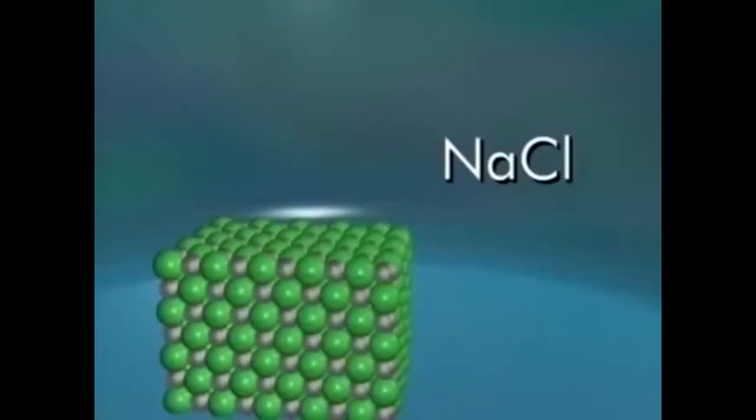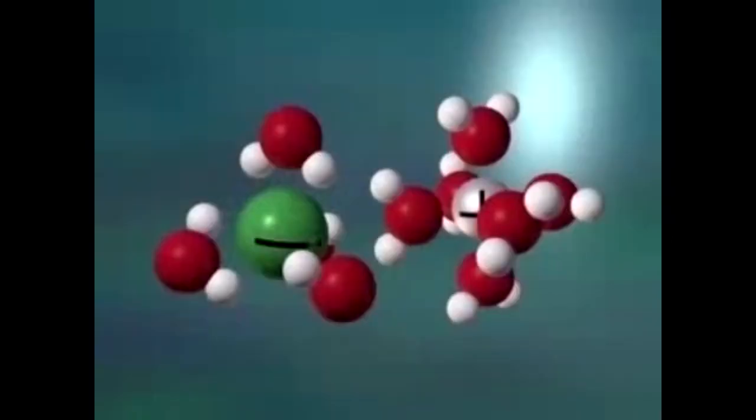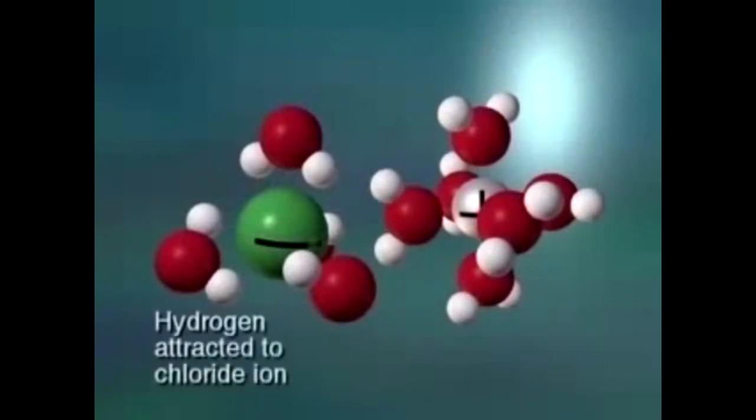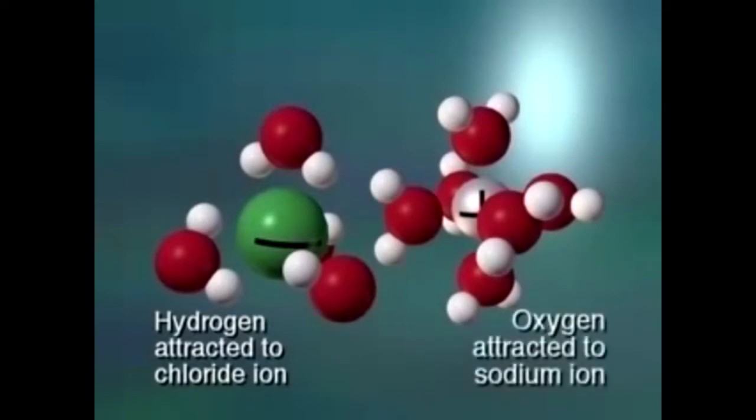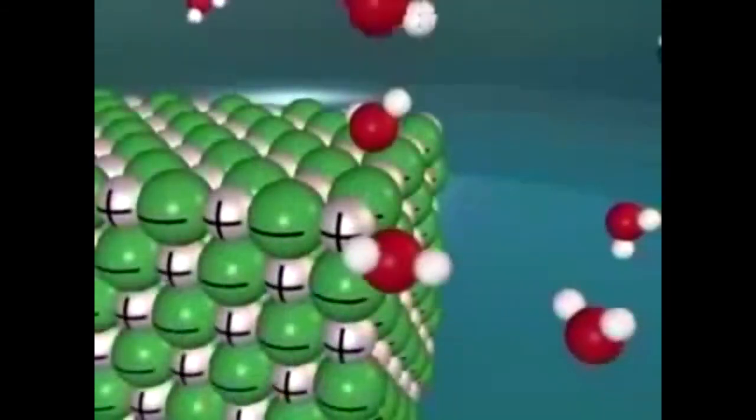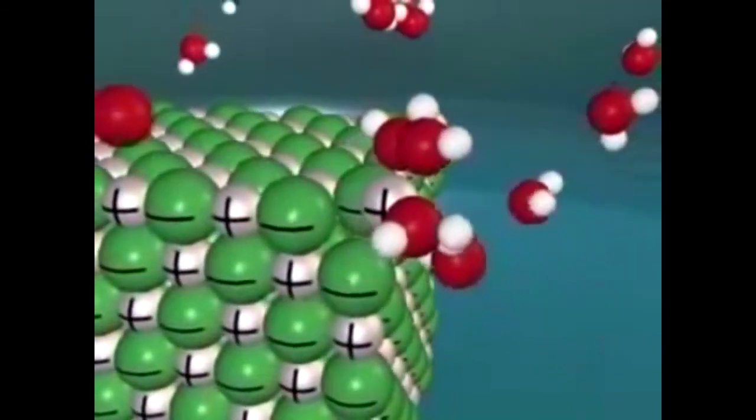When an ionic salt like sodium chloride is dissolved in water, the positive side of water molecules, the hydrogen side, is attracted to negative chloride ions of the salt crystal, and the negative side of water molecules is attracted to positive sodium ions. The salt begins to dissolve as ions are carried away to the aqueous phase.